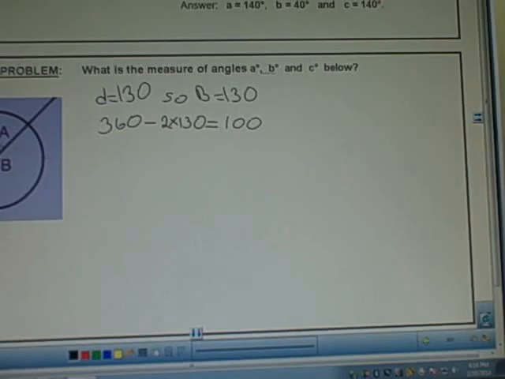But we have to split that 100 degrees between these two angles. So we divide it by 2. And that, of course, gives us 50. So we know angle A equals 50 and angle C equals 50.